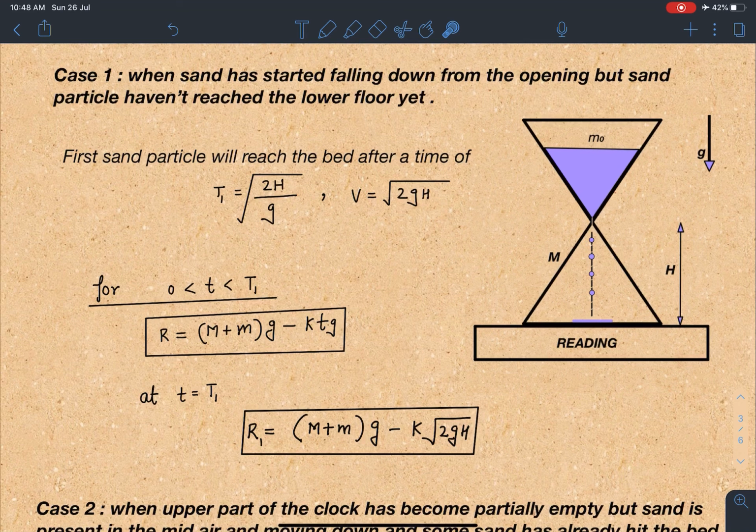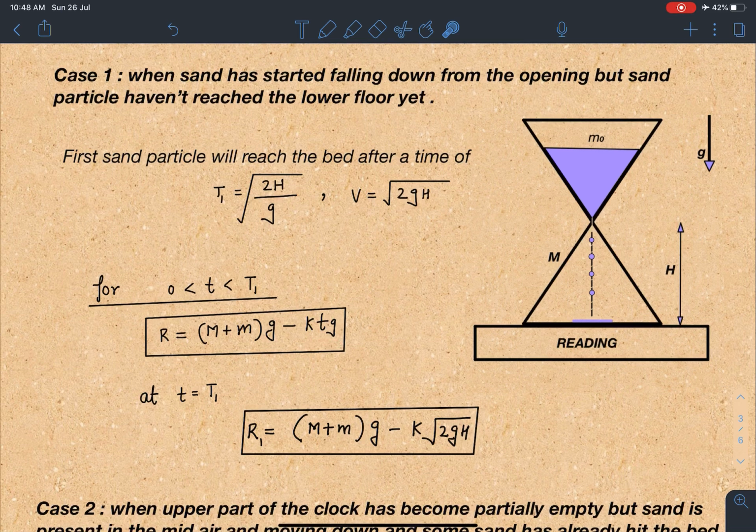Since the rate of ejection is given as a constant k, kt is the mass which has come out. So kt times g will be the reduction in the reading from the actual weight. So the reading is capital M plus m times g minus ktg. This is how the reading is going to change with time.